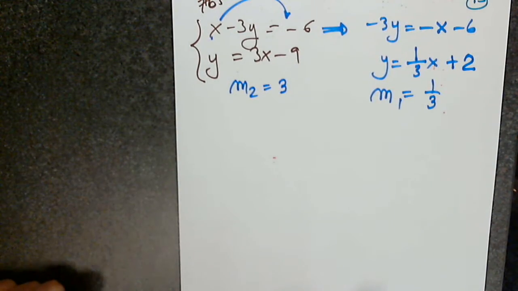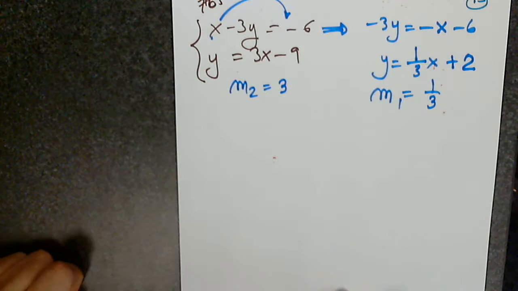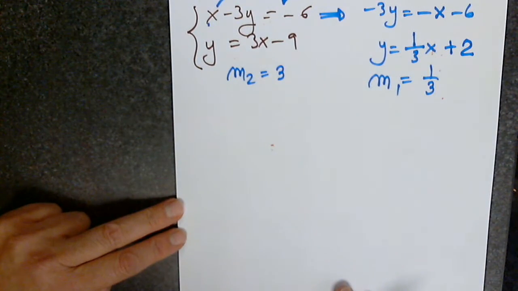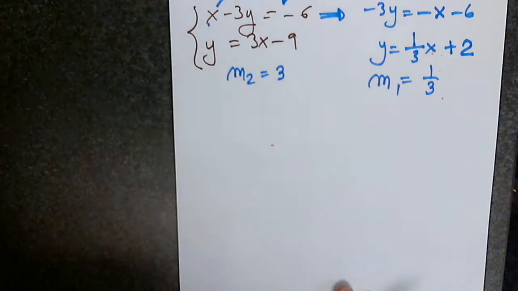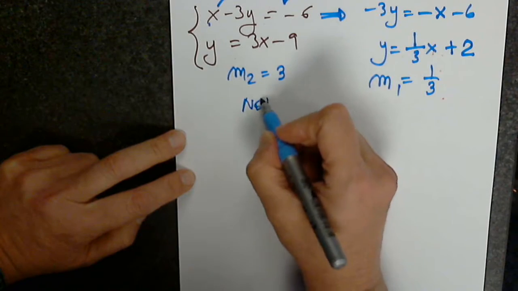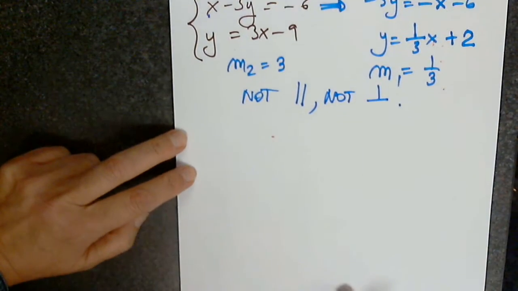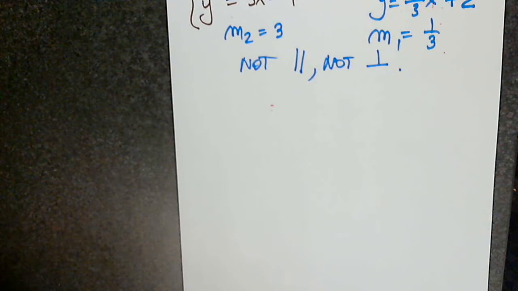What can you say about these two lines? One has 1/3 as a slope and the other has 3. They're not none of the above because it would have been negative. Not parallel, not perpendicular. Okay, one more, and then we'll move on.